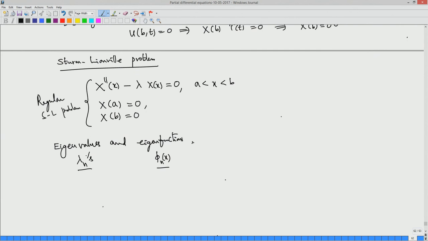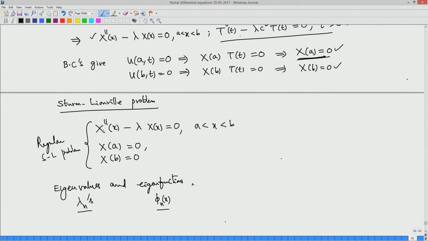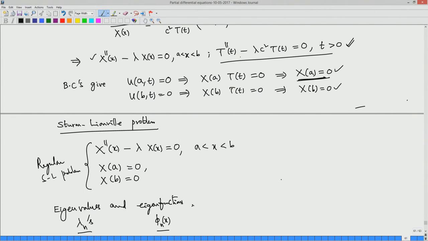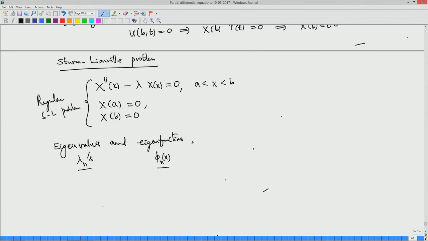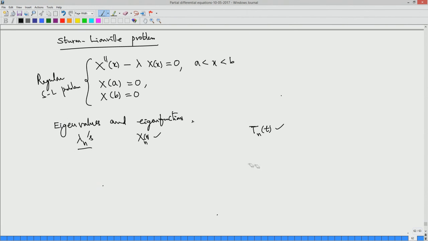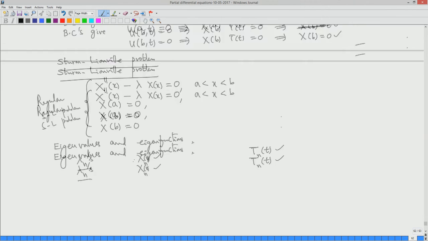Now, you substitute these λn's into the other ODE to get your Tn(t) for each n. A discrete number of eigenvalues gives a discrete number of eigenfunctions. Let us call these Xn(x) the eigenfunctions. Tn(t) are the corresponding solutions of the other ODE.